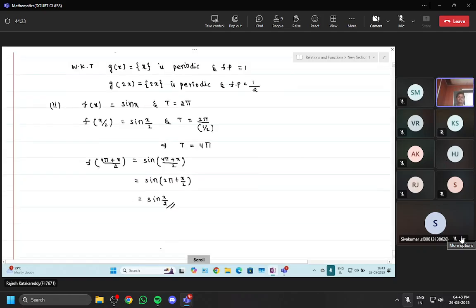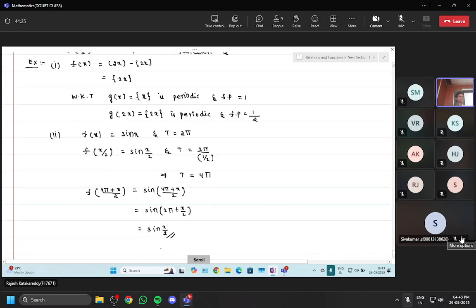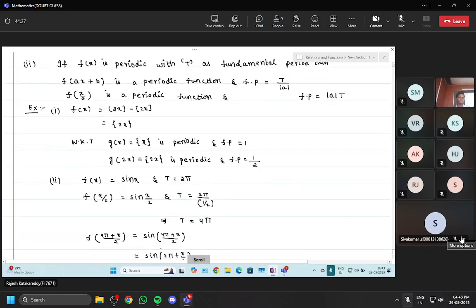Now the third one we are seeing, can I scroll up? Anybody writing this? Sir, why do we take f of x by 2? In the T is equal to 2 pi only. Then why do we take f of x by 2? See, I'm giving one example, I'm showing you how it works.